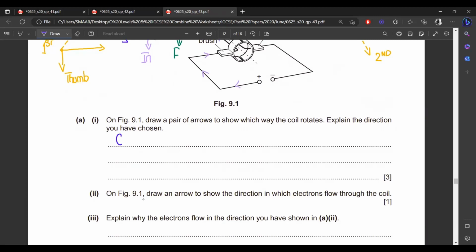So first of all, current is moving from the positive terminal.